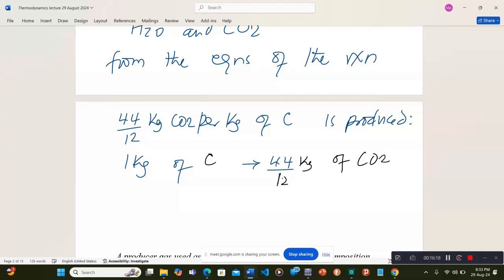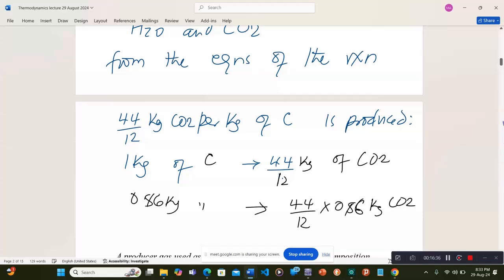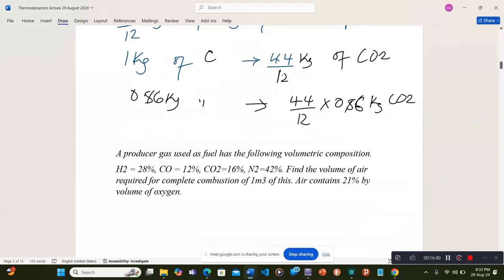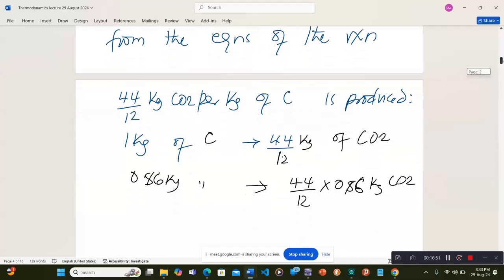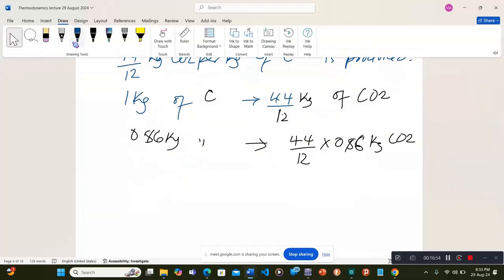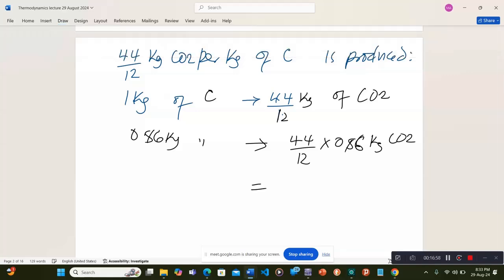What about 0.86 kilograms? What would they produce? 44 out of 12 times 0.86 kilograms of carbon dioxide is equal to 3.153 kilograms of carbon dioxide.